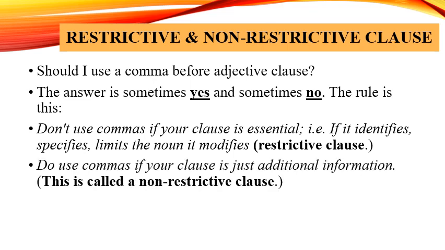The other one is non-restrictive. Non-restrictive, sometimes you just add additional information about the noun that you are trying to modify. And this way, you can delete the clause without affecting the meaning of the whole sentence.